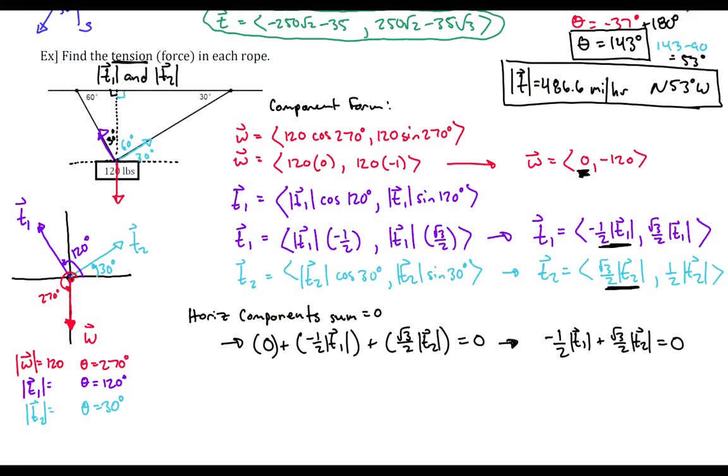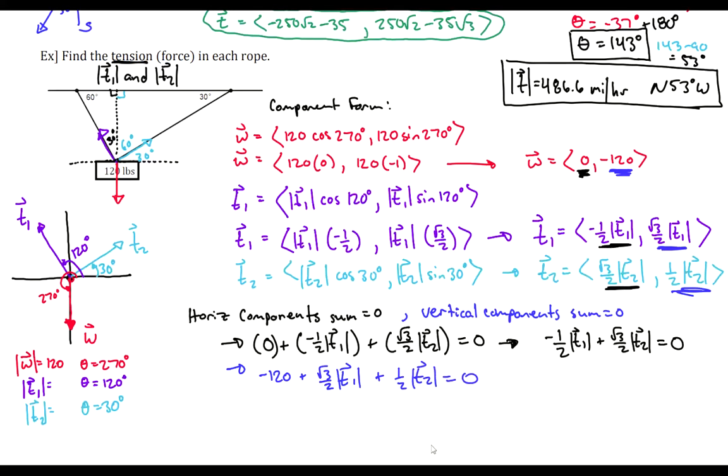And then we'll do it with our vertical components. I'm going to do that in this dark blue. So the horizontal component sum should be 0. So should the vertical components. Vertical components sum also should equal 0 according to Newton's law here. So that means that's the negative 120. So that's this part, the negative 120 plus this radical 3/2 magnitude of T1 plus this 1/2 magnitude of T2.